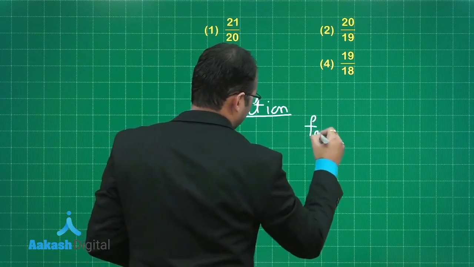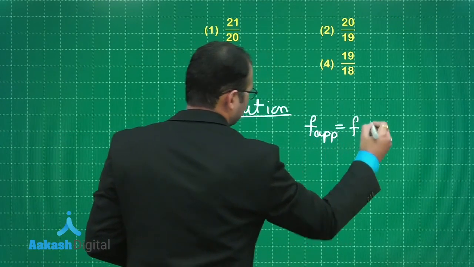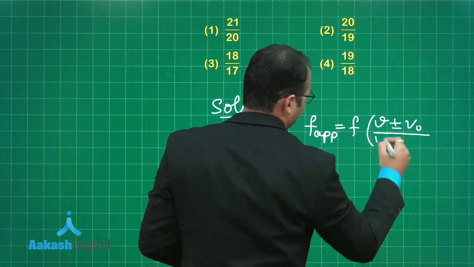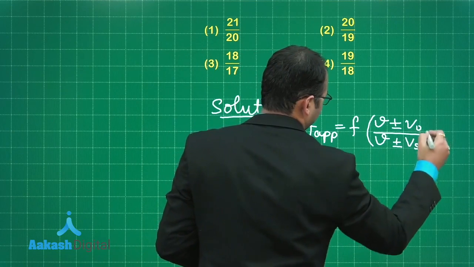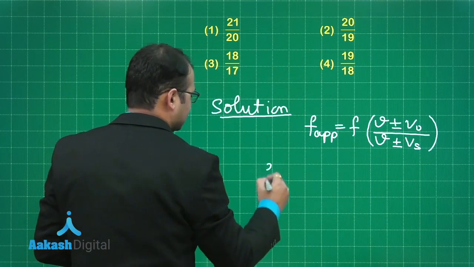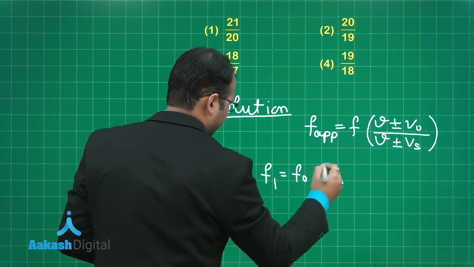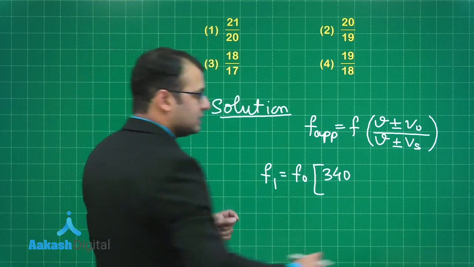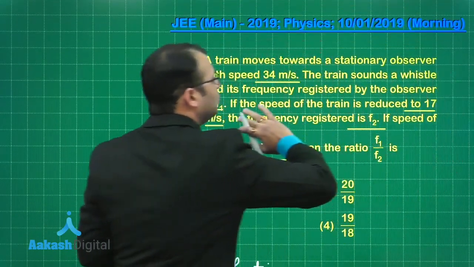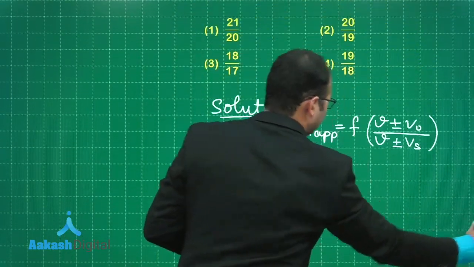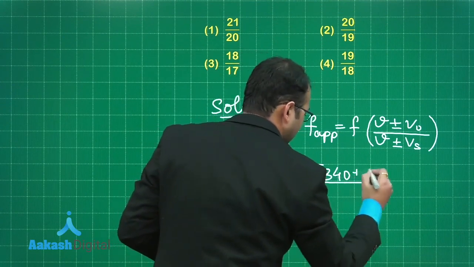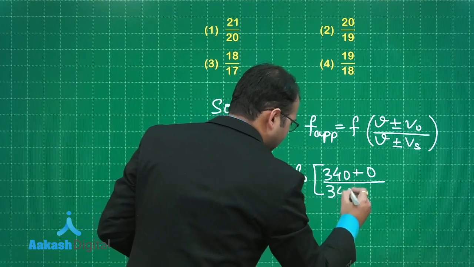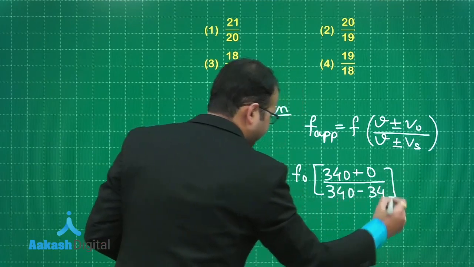The relation between the apparent frequency and the real frequency will be v, velocity of sound wave, plus minus velocity of observer, by v plus minus velocity of source, right? Now, for the first case, f1 is equal to f0 times velocity of sound wave 340, and the observer is stationary, so we write 0, and since the train is moving towards the observer, it would be 340 minus 34, right?